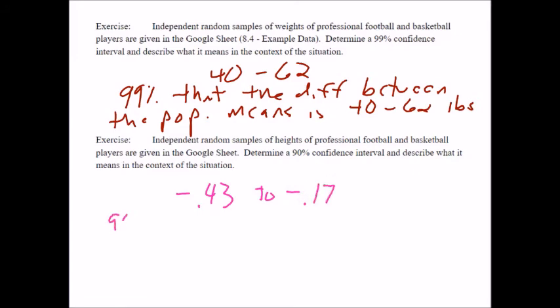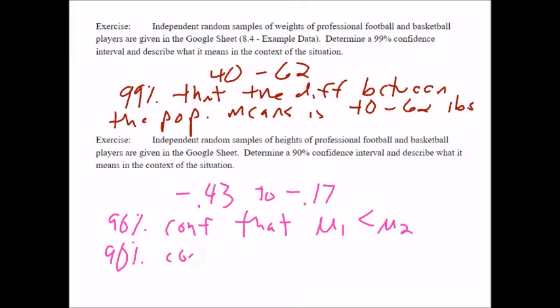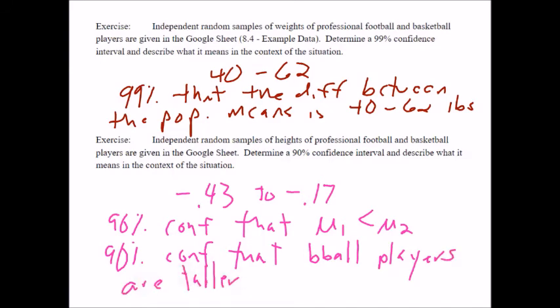So I'm going to say this, 90% confident that mu1 is less than mu2 because both of our bounds are negative, which then tells us we can be 90% confident that, let me put it in context, basketball players are taller than football players, which doesn't surprise me in the least.